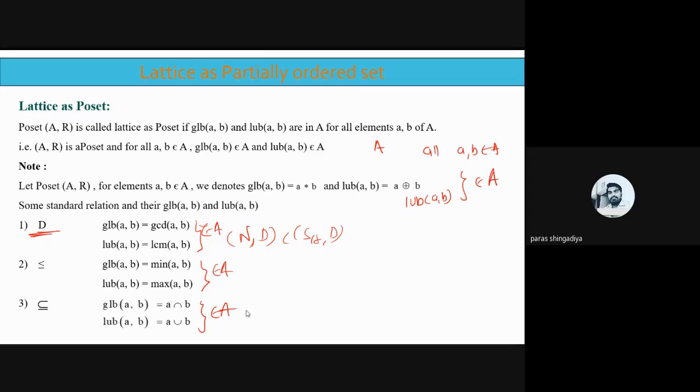So these three standard relations we'll use to derive the GLB and LUB for the example. Star means GLB, a star b, and a ring sum b means LUB. For divide, GCD and LCM. For less than or equal to, minimum and maximum, and for subset, intersection and union.